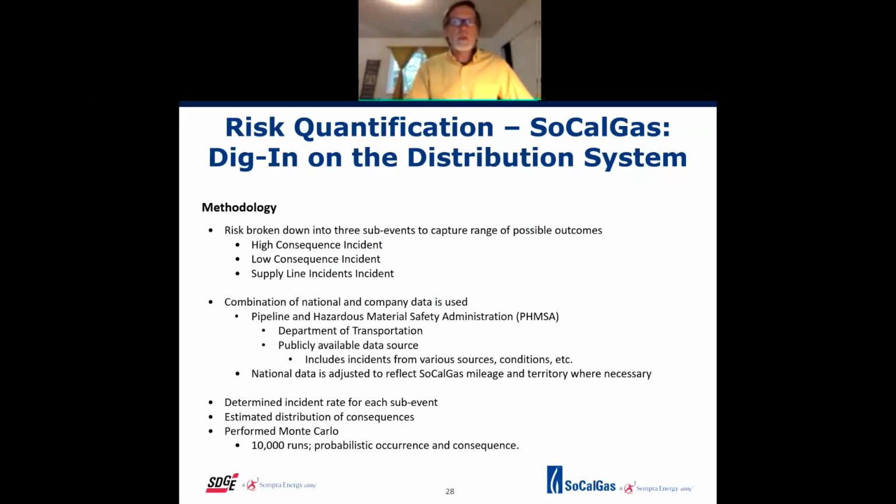So when you are considering the dig-in risk, at least for your analysis that's going to be in the GRC, you want to be thinking about what's the state of the risk as we enter the test year.